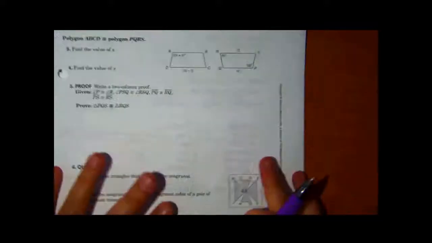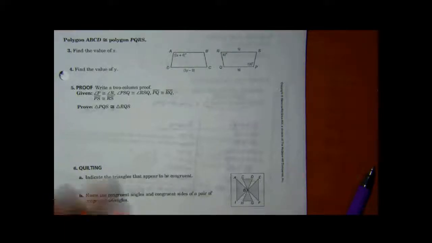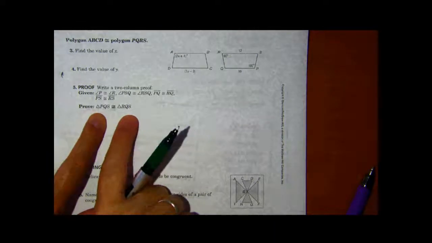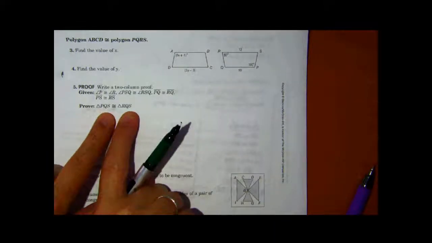All right. Let's look on page 48. And this one, they don't give us a picture. So we're going to draw one. Okay, I have to try to prove that triangle PQS is congruent to triangle RQS. They're sharing a side QS. Do you see that?